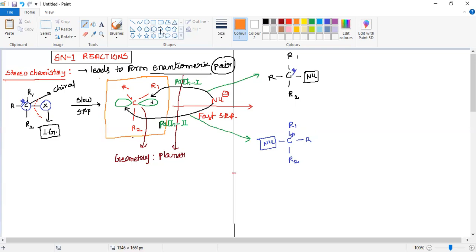You're getting two different configurations, like this one is one and this is the other one.